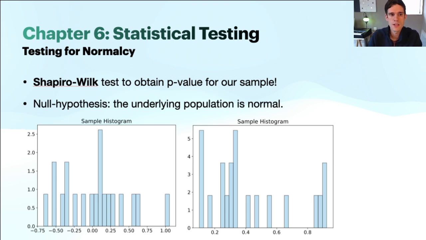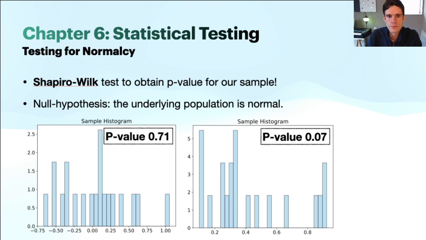So let's see, for instance, what the p-values are for, again, these two sample distributions, of which only one is from a normal population. And indeed, if we compute the p-values for these specific samples, we see that on the left side, we get a p-value of 0.71.